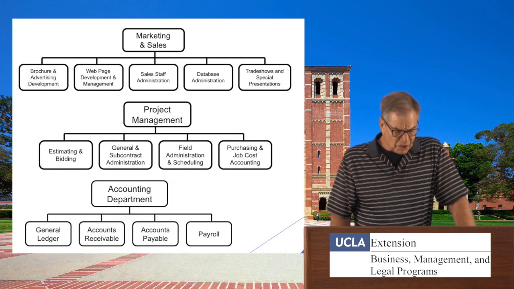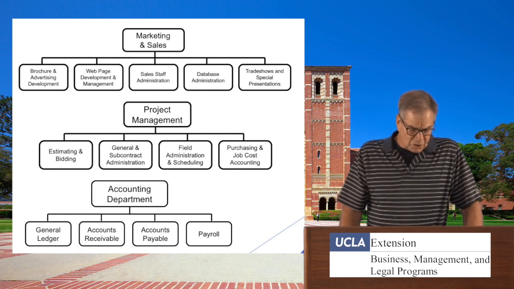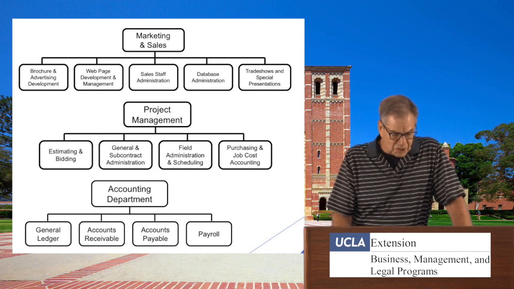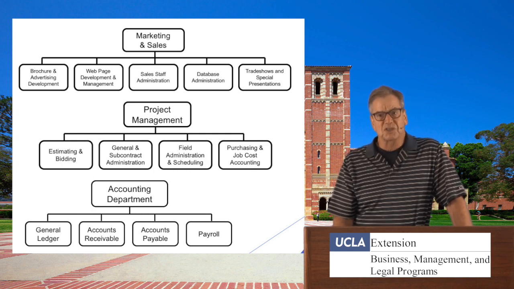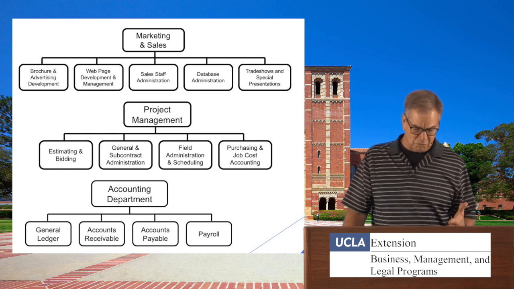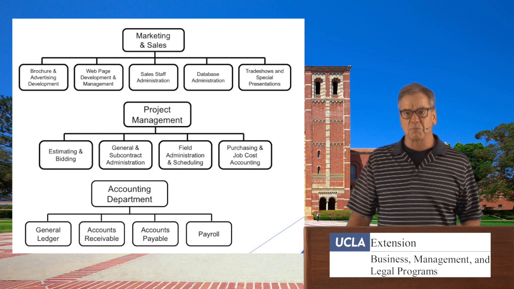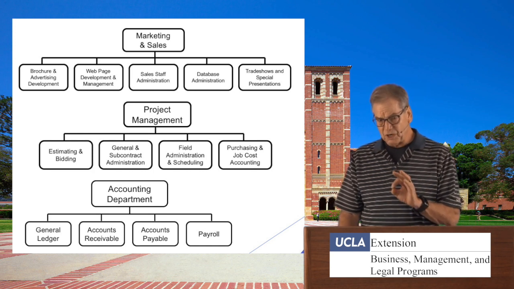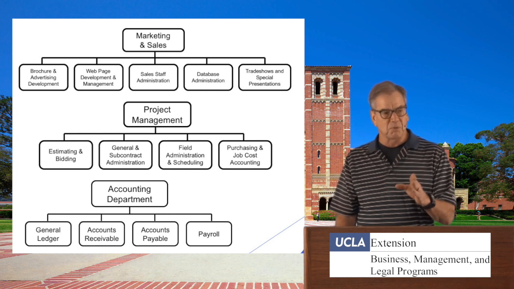I put up here, just for jest's sake, some department organizational structures, one for the marketing and sales department, project management, and the accounting department, just so you can get a feel for how different departments can be set up. I want to note that there is no standard structure for any department, any business.